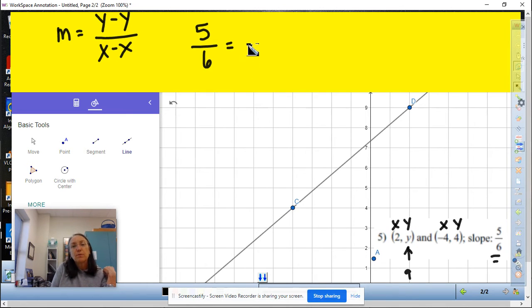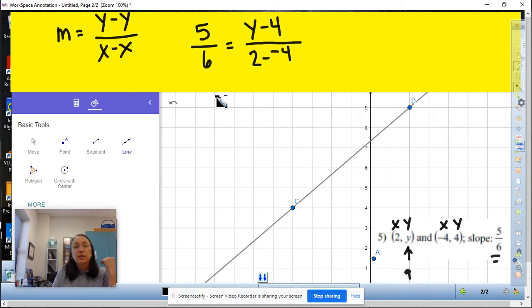So for example, as I go to finish this side and I do my change in y, I'm going to say y -4. If it were reversed and this point was my second point, I would still start with y. So I'm going to say y -4, and then I'll come back for my x's, start back with this one, and say 2 minus -4.